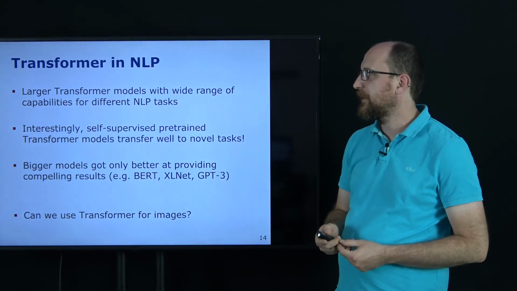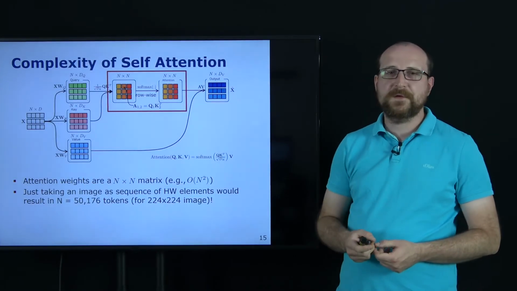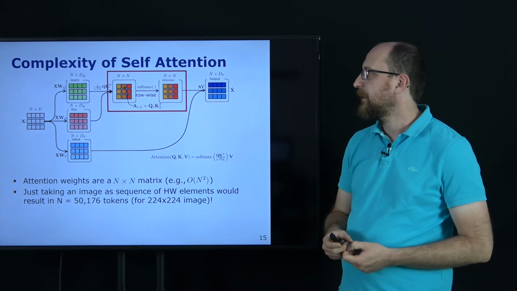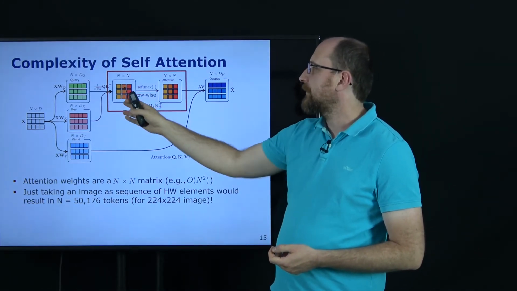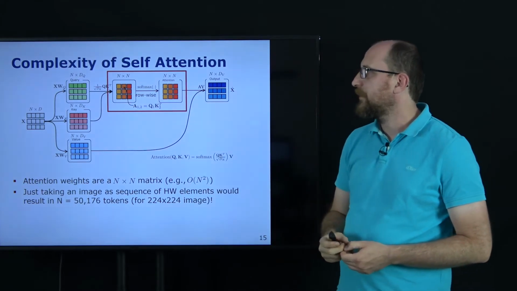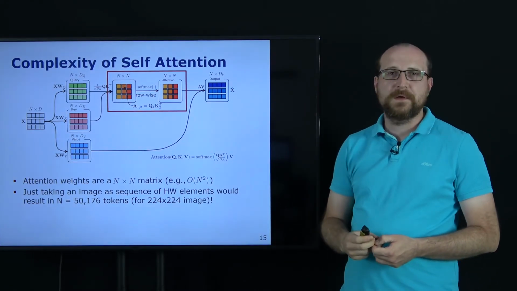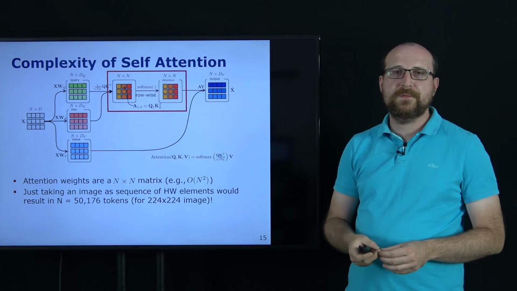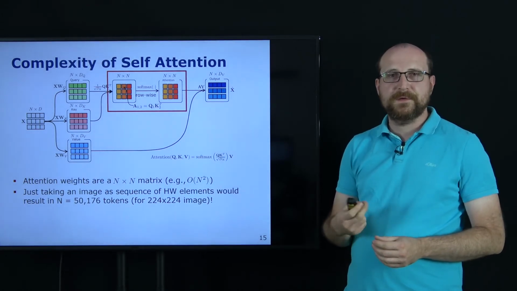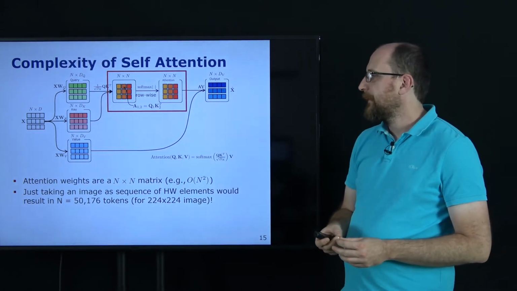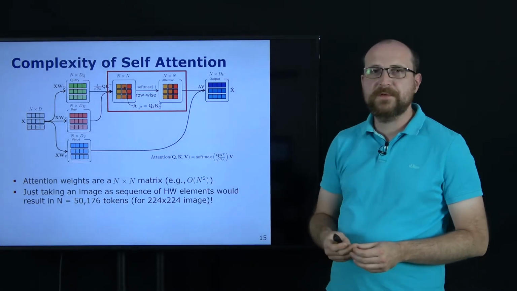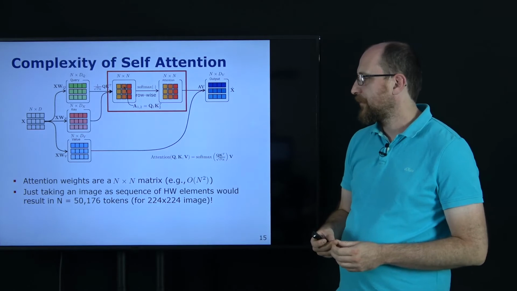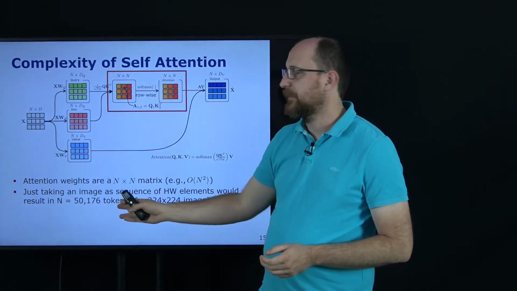When we look at the complexity of the self-attention, we have to note that we have this n by n dimensional matrix here. And this is the crucial part. When we just represent an image with every pixel as an input token, this would result, for instance, for the normal ImageNet resolution, in over 50,000 tokens.